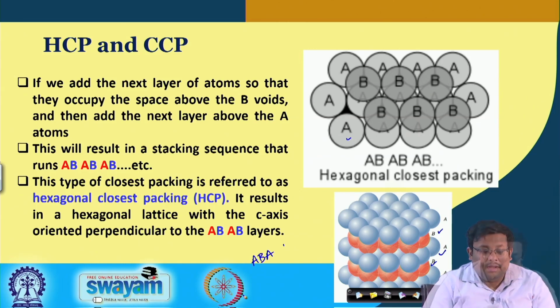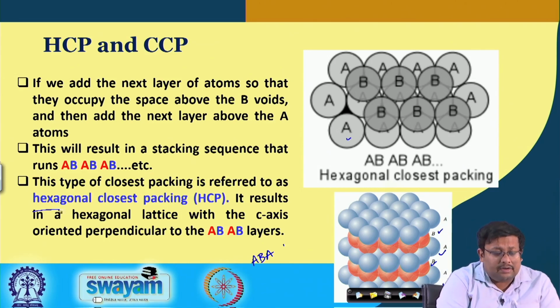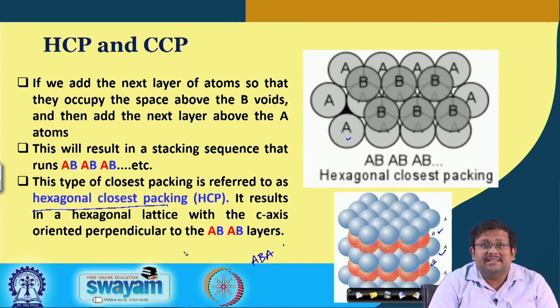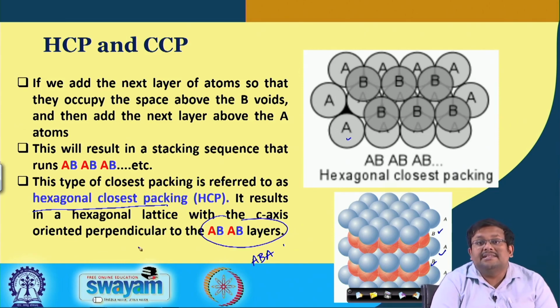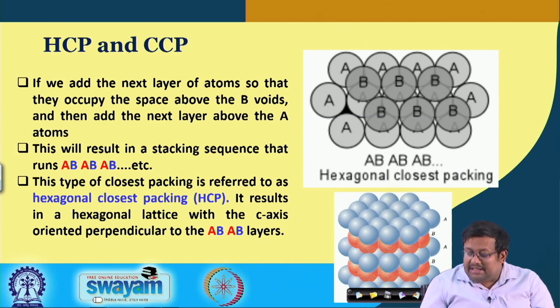This type of closest packing is referred to as the hexagonal closest packing or HCP. It results in a hexagonal lattice with the C axis oriented perpendicular to the ABAB layers. So, this is one of the ways of producing this 12-fold coordination, that is hexagonal closest packing.